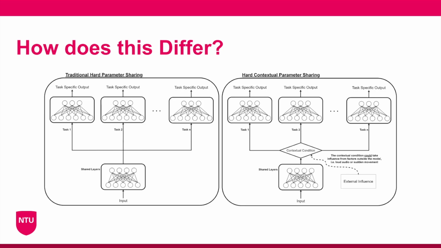So by adding in the contextual condition, you're gating off the need to run all models, and you want to run just one. Much like from the work we did last year, that contextual condition could be another model itself. So it could be something like activity recognition. Okay?